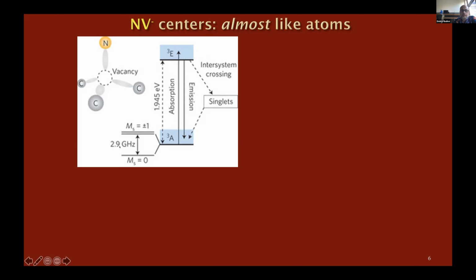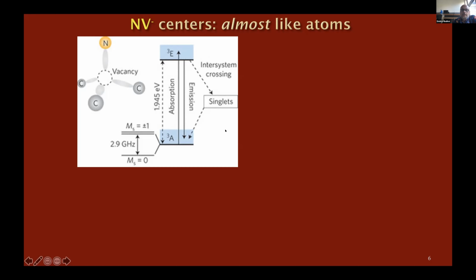Well, the whole thing is sensitive to the magnetic field, but if you apply the magnetic field along this axis, then nothing happens to ms equal to 0, and plus minus 1 linearly shift in magnetic field, that enables eventually magnetic sensing. The other important thing that you see here is that there are also singlet levels that are located somewhere between the ground and the first excited triplet state.